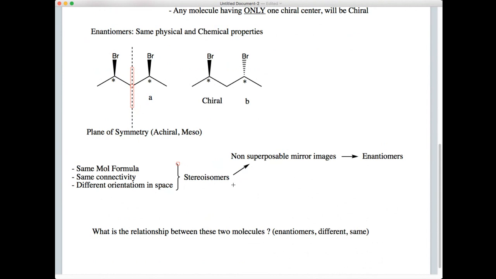And the second option is that they are simply not mirror images. So you can have stereoisomers that are non-superposable mirror images or stereoisomers that are simply not mirror images. So stereoisomers that are not mirror images, we are going to call them diastereomers.